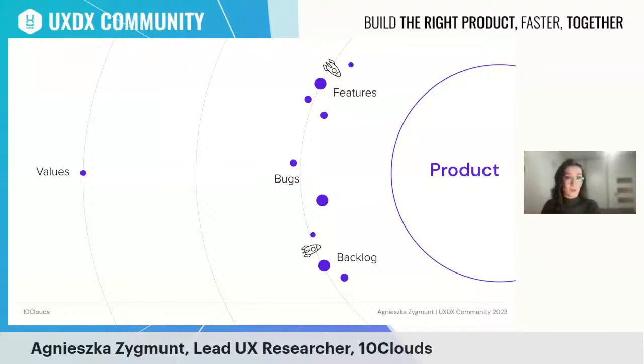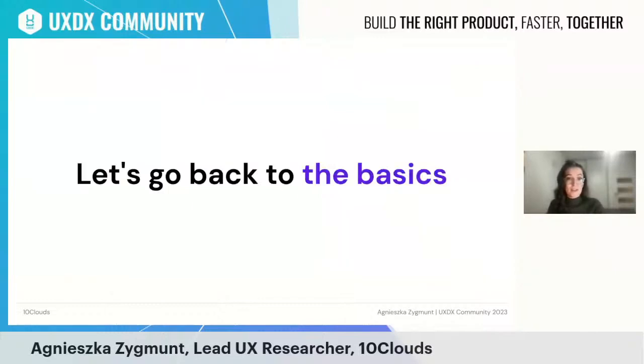Sometimes we use it only in communication, for example on the website. Sometimes we use it in the strategy. But when we are talking exactly about building a product, about the design process, we don't know how we should use the value. But to answer this question, we need to go back to the basics.